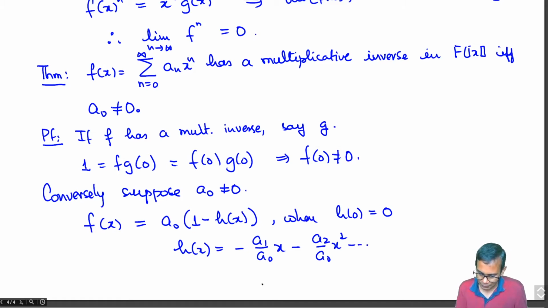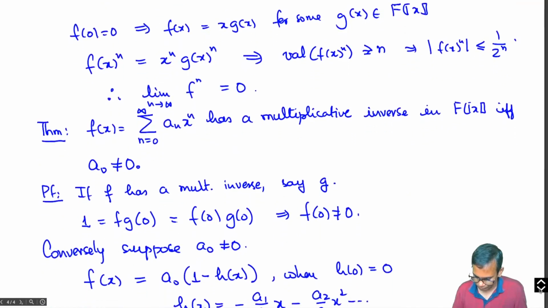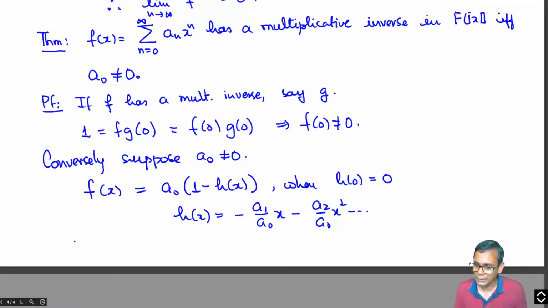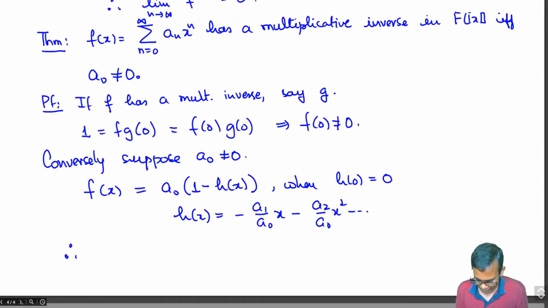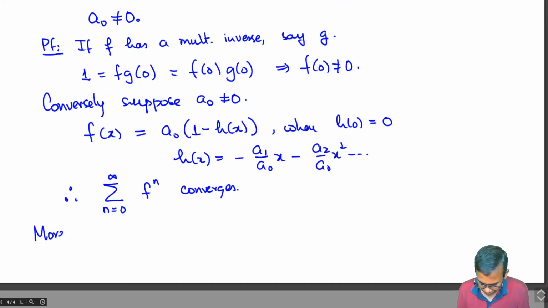And so by the previous result, we have that the sum over n from 0 to infinity of h^n converges.